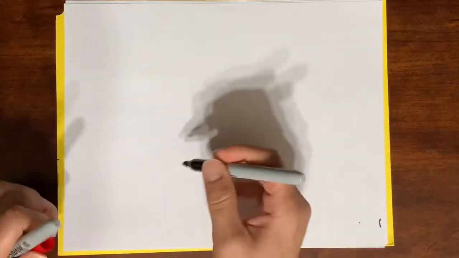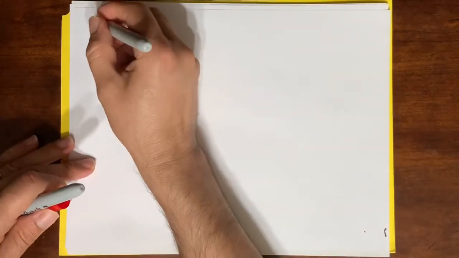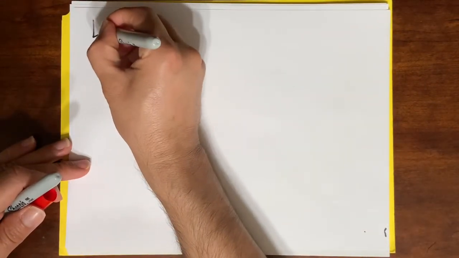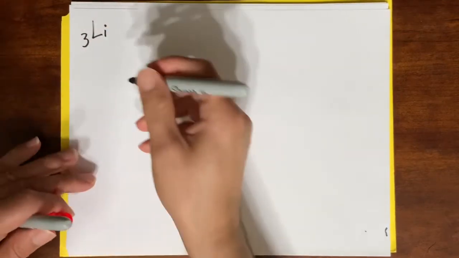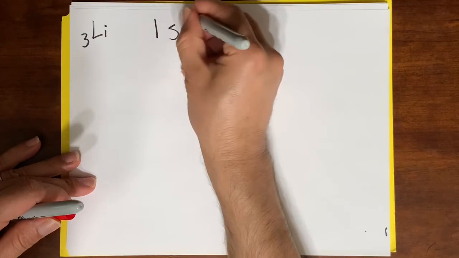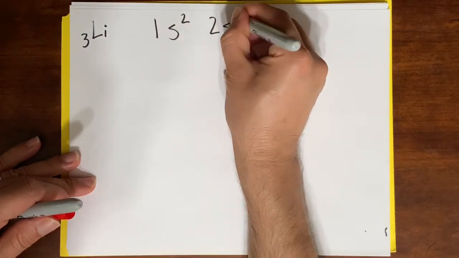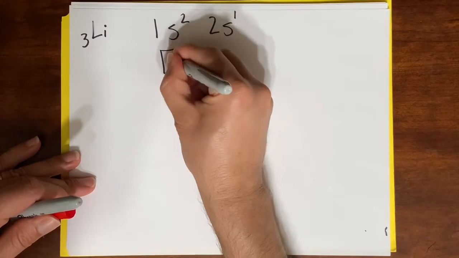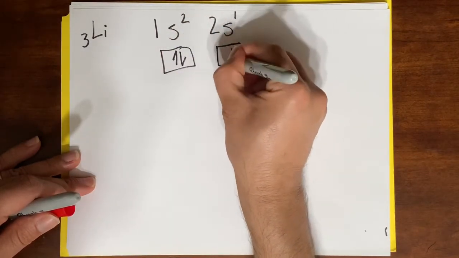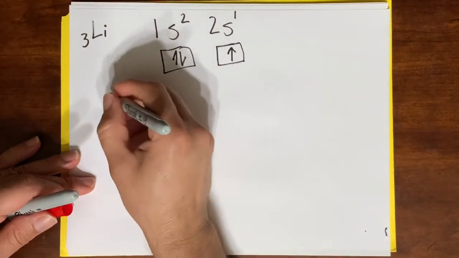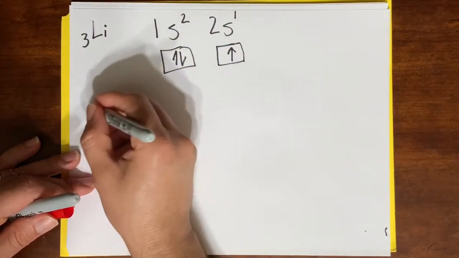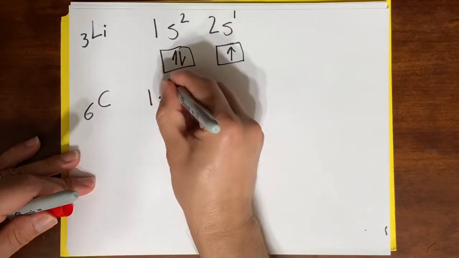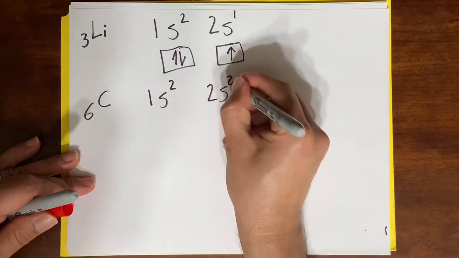Okay, so now that I know the Pauli and Hund rules, I'm going to start working on the electron configuration. I go with an atom like lithium. It has 3 electrons, so it will be 1s with 2 electrons, 2s with 1 electron. How about carbon? We have 6 electrons, 1s2, 2s2.